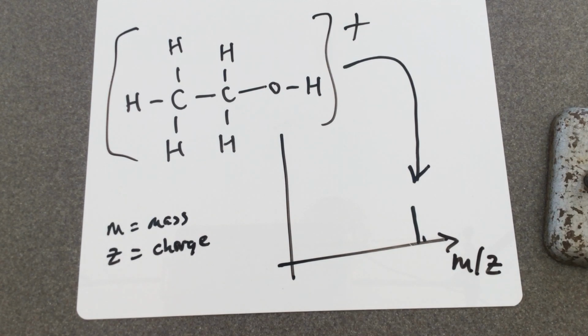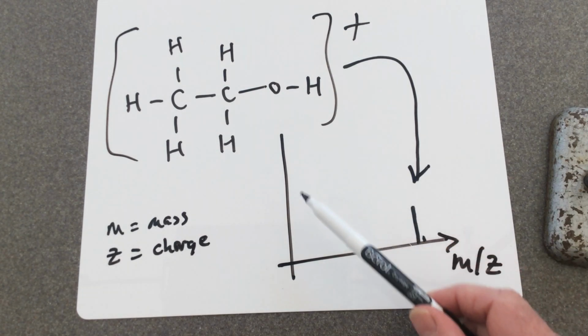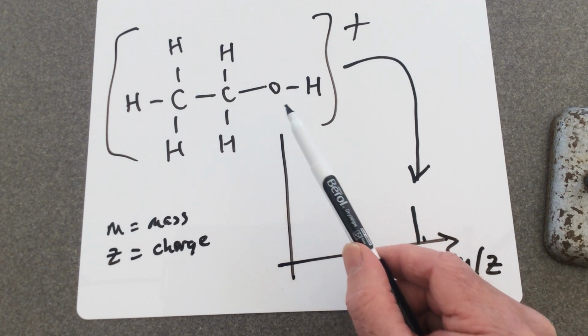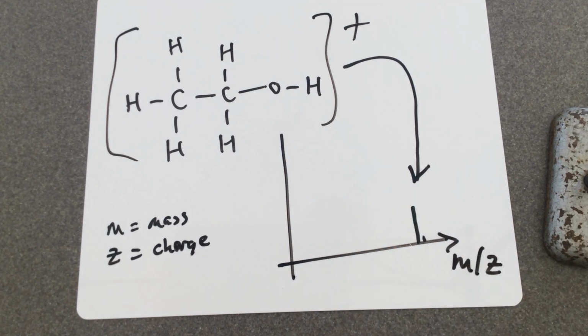The key thing here is, can we use a mass spectrum to work out the MR, the molecular mass of the molecule? We're looking for the molecular ion peak. That's the molecule that's had one electron knocked off. And because the mass of an electron is negligible, the mass of the molecule and the mass of the molecular ion are the same.